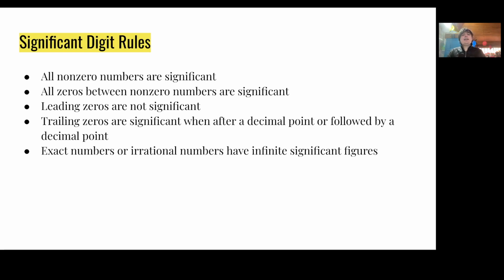All right, and then exact numbers or rational numbers have infinite significant figures. And so these are the defined numbers that you might remember from geometry or trigonometry, such as the number pi, which helps you find the circumference of a circle, for example.